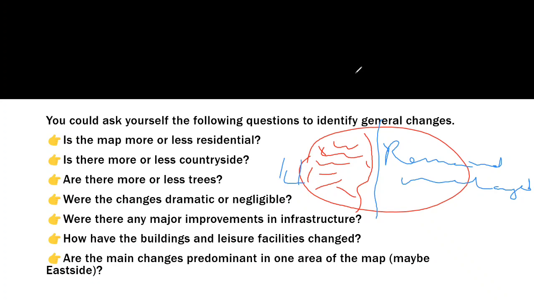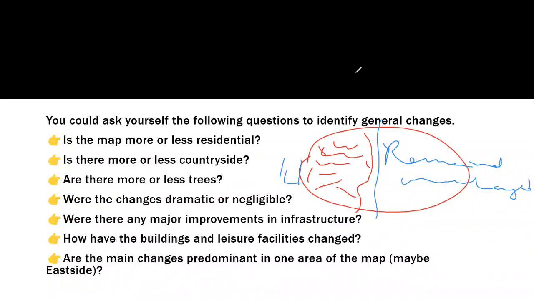So you can say, it is noticeable that the western side of the town has experienced more of a dramatic change, or more predominantly, they've experienced more of the changes, while the other parts, or this is the eastern part now, remained unchanged, or maybe the change there happens to be negligible. Then you talk about that. But this is just to give you a foreknowledge of how you can.